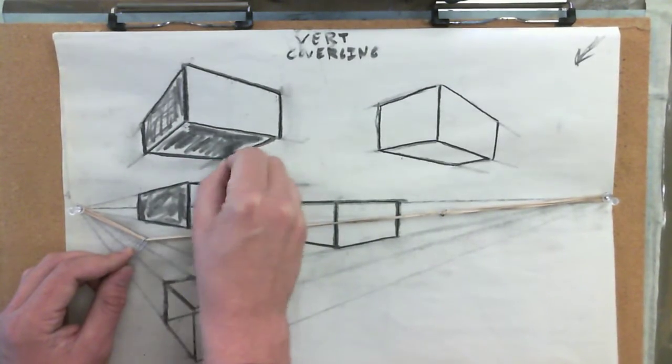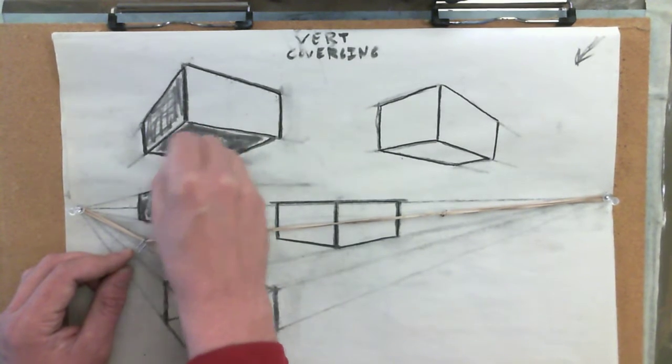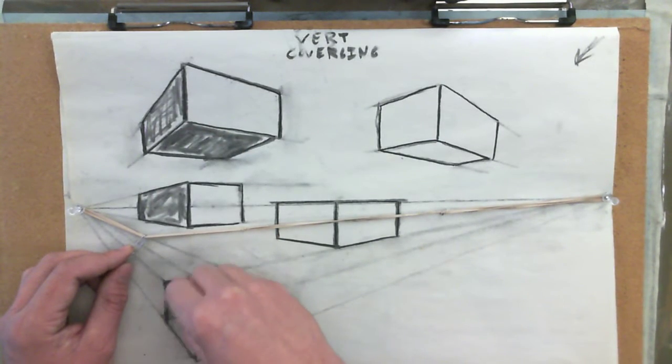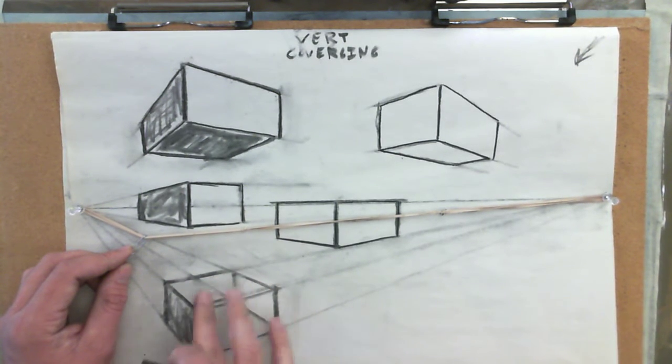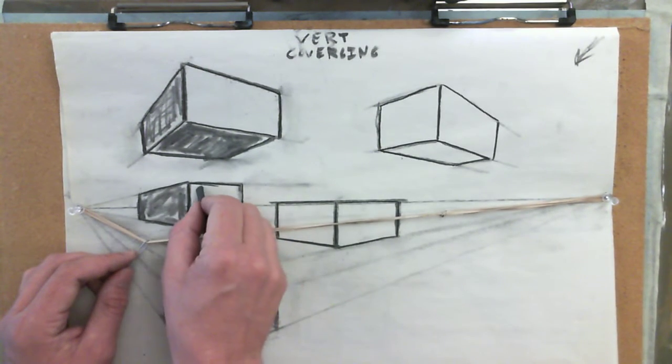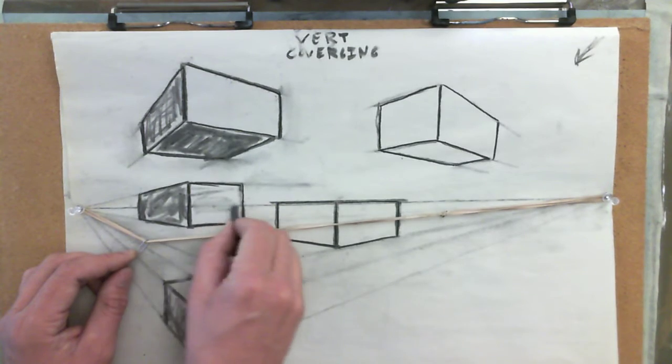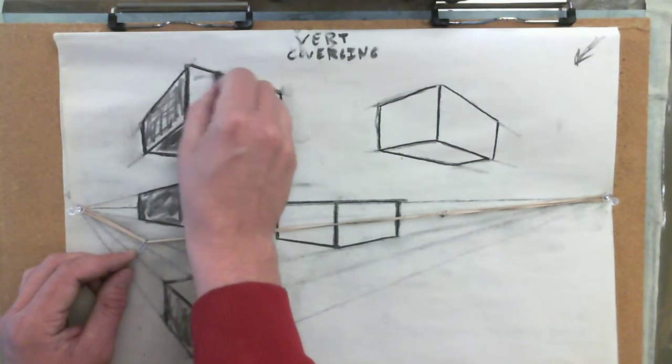Charcoal's not as soft as I'd like. Tops will be unshaded. And this side will be medium dark. Not medium dark, light. Light gray.